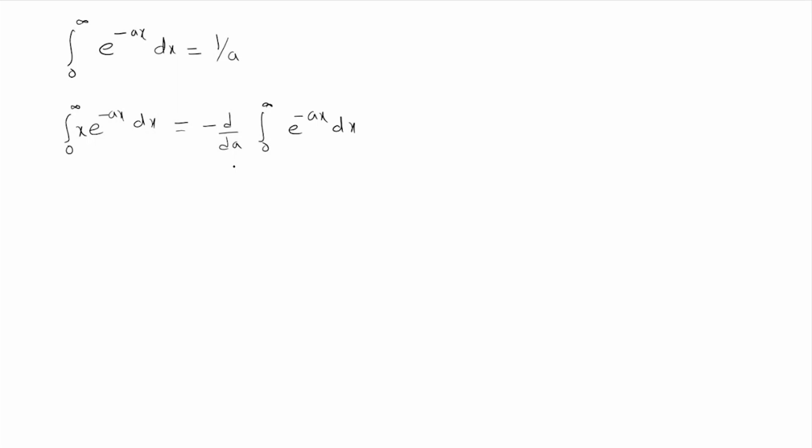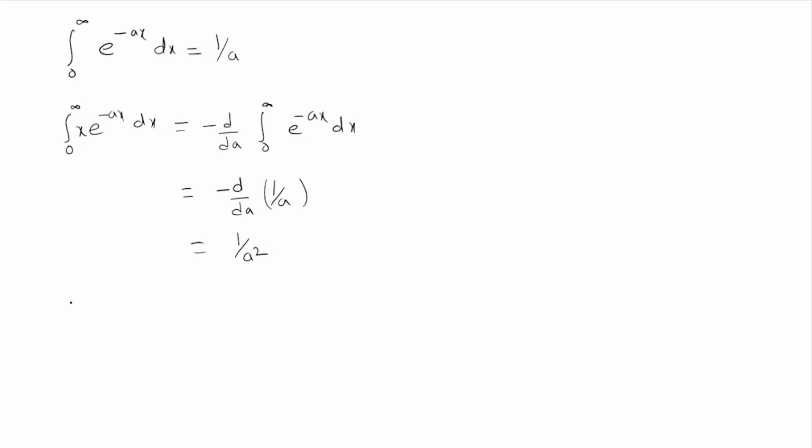If you differentiate this function with respect to a, you get this function up to a minus sign. So what you can do is minus d over da, but this function's answer is 1 over a. You can differentiate this 1 over a, that is 1 over a square. So this integral is this.